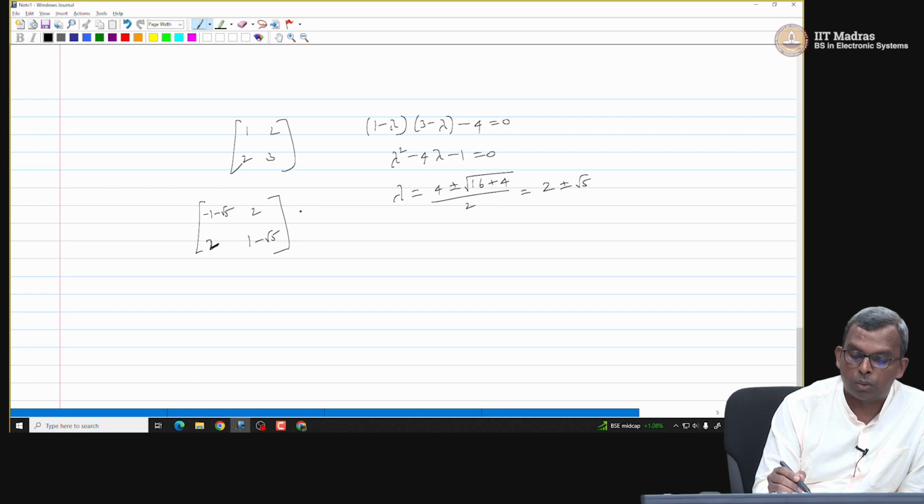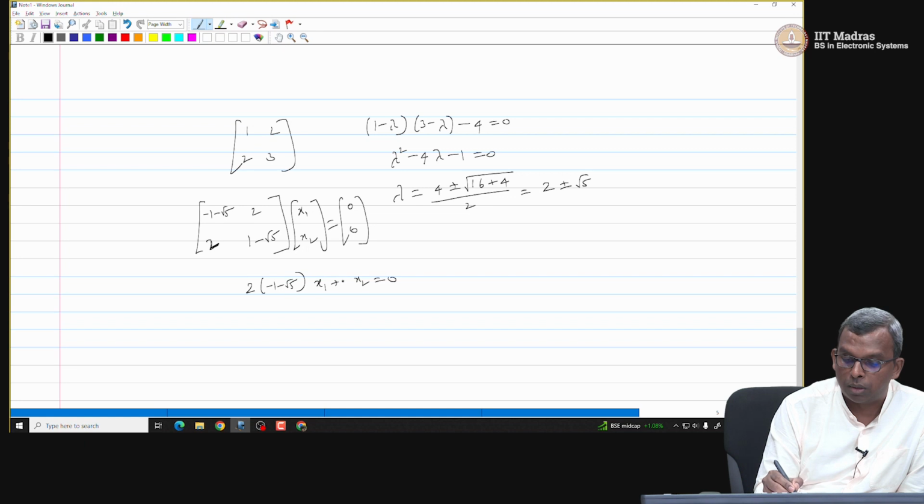So, how do you find a null space vector here? Let us do this. I need to take this times x1, x2 to be equal to 0, 0, okay. So, let me just do this in gory detail: 2 into minus 1 minus root 5 x1 plus 2 x2 equals 0.